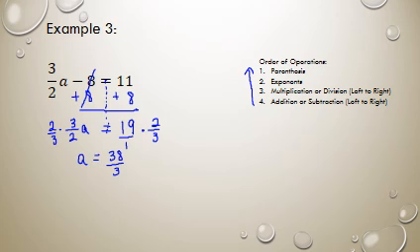You could change it to a mixed number, but we're just going to leave it here as an improper fraction. And so then our last step is to check this. So once again, we had 3 halves a minus 8 equals 11. So I'm going to substitute that 38 over 3 where the a is.